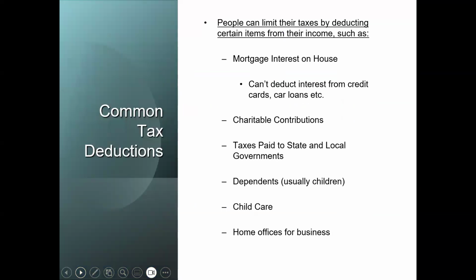Now, one of the things that I mentioned is that there are these common tax deductions. As a consequence of the Tax Reform Act of 2017, something called the standard deduction was raised rather sharply to simplify some of the tax code.